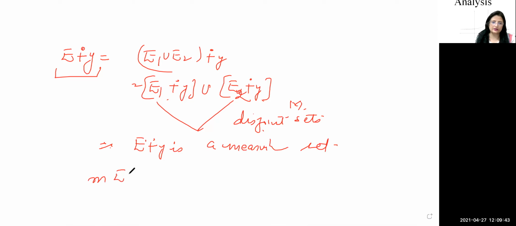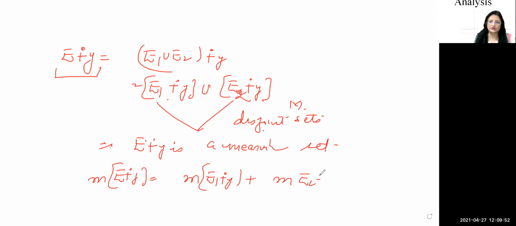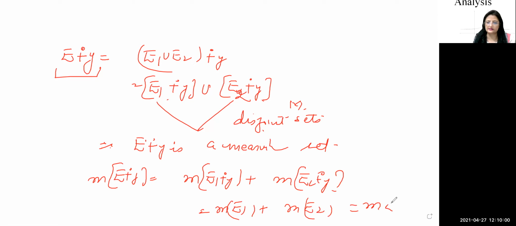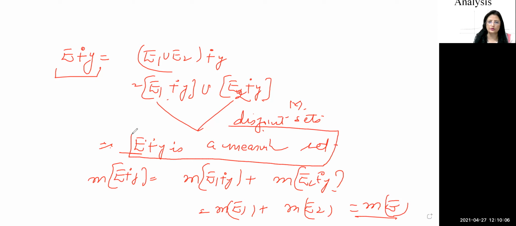And what is the measure of E plus Y? So this is measure of E1 plus Y plus measure of E2 plus Y. Translate modulo दोनों का. And we have already proved that this is measure of E1 and this is measure of E2. And what is it? This is measure of E. So we have proved that the translate modulo 1 is a measurable set and its measure is equal to the measure of the given set A.